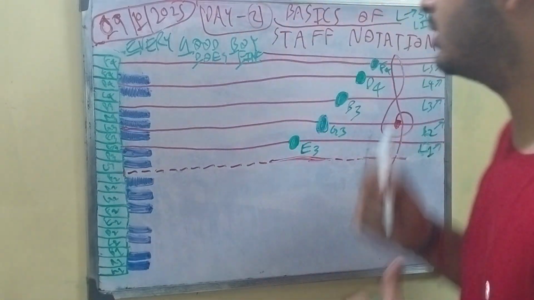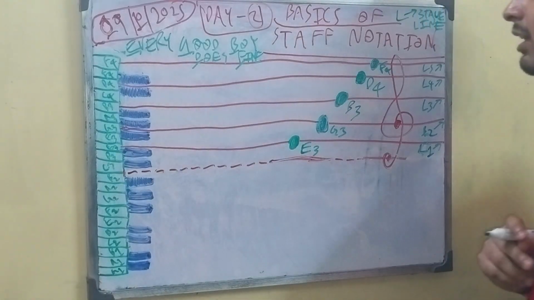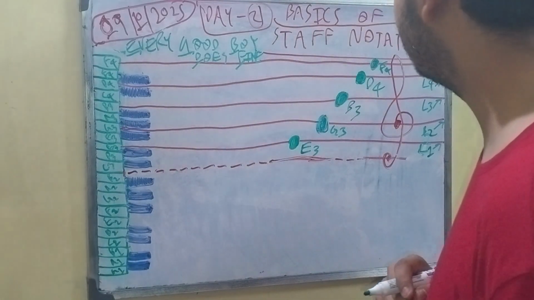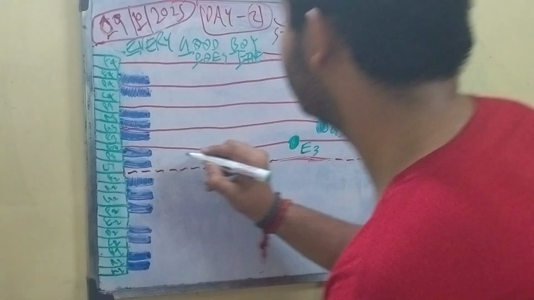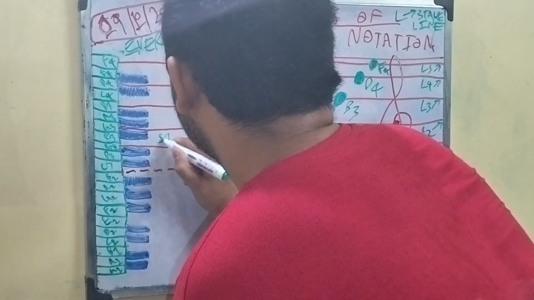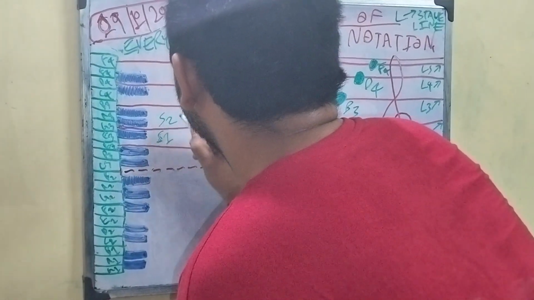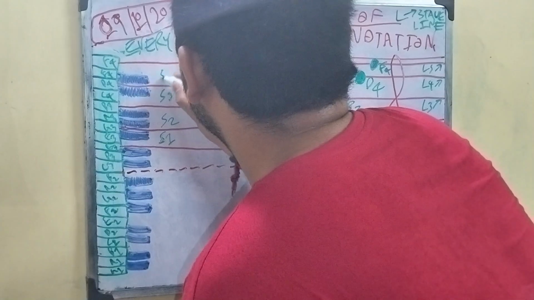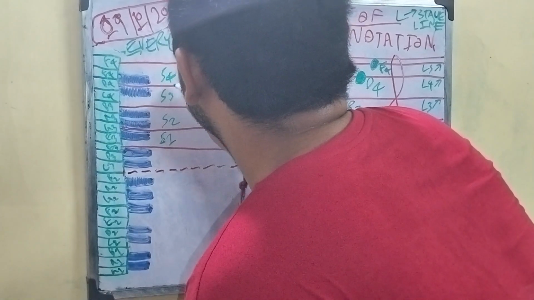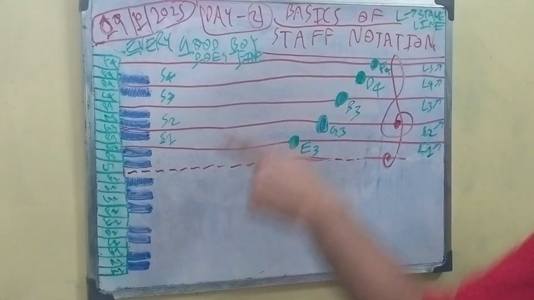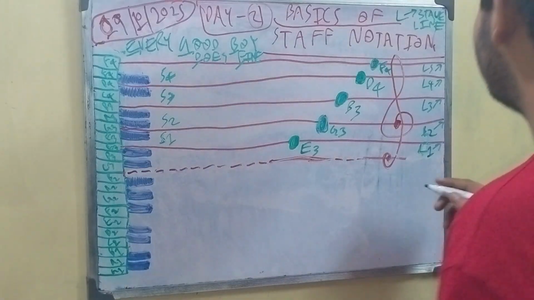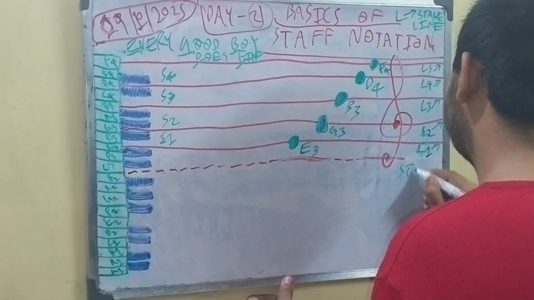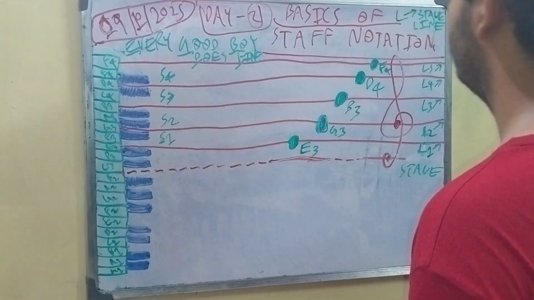Now I come to the spaces. To understand the notes on the spaces, first I mark the spaces. S1, S2, S3. These are called stave spaces. There are 4 spaces in each stave. The 5 lines are called the stave. What is a stave?